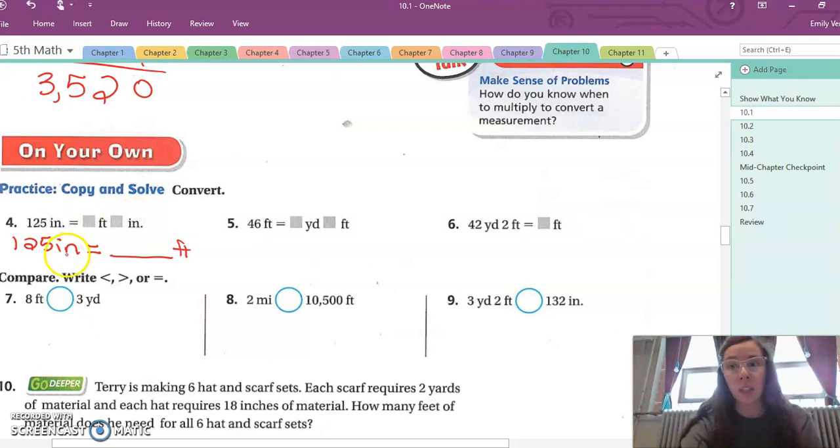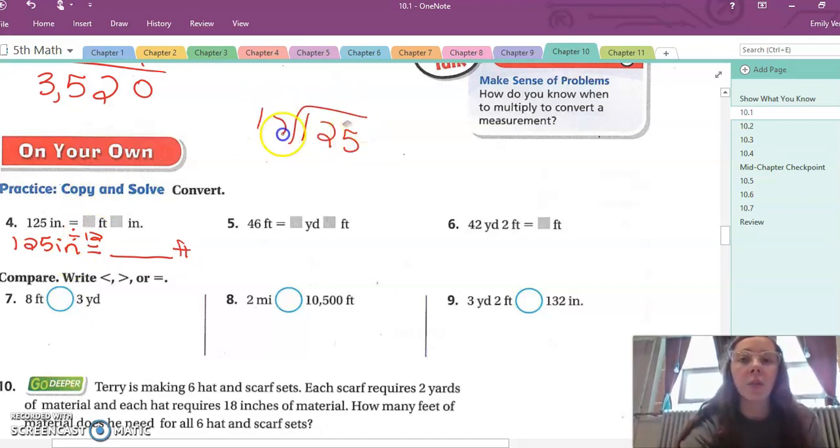Whenever you go from a small unit to a big unit, we divide by the base number of the smaller unit. How many inches make 1 foot? 12. So I have 125 divided by 12. 12 goes into 12 one time.